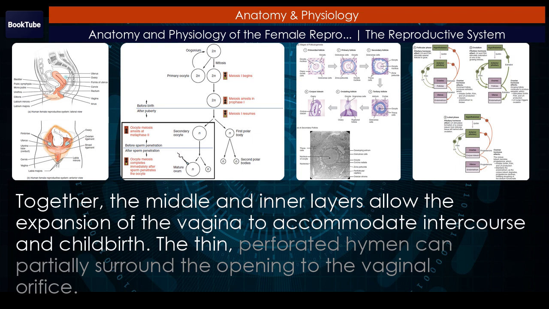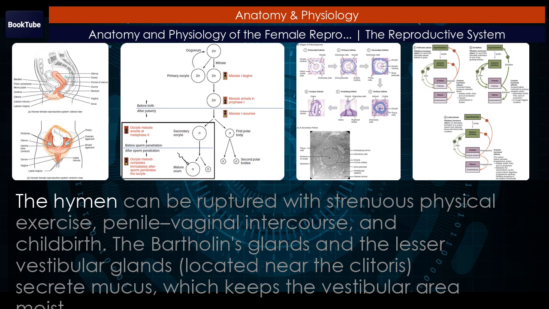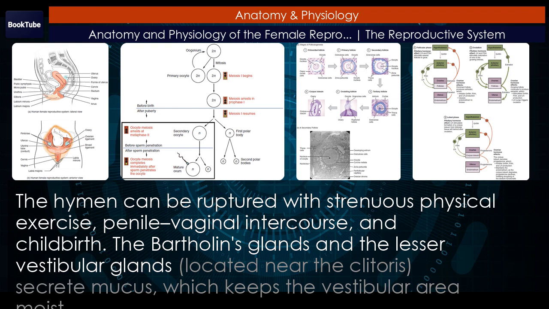The thin, perforated hymen can partially surround the opening to the vaginal orifice. The hymen can be ruptured with strenuous physical exercise, penile vaginal intercourse, and childbirth. The Bartholin's glands and the lesser vestibular glands, located near the clitoris, secrete mucus, which keeps the vestibular area moist.